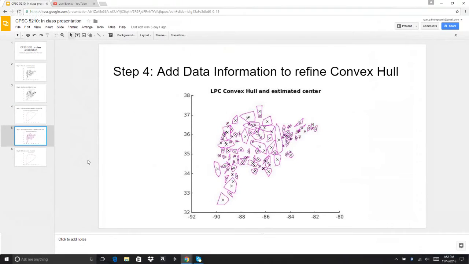So adding a bit of information, such as a local power company, you can re-estimate individual convex hulls and estimate the center of those convex hulls. A power company can actually be inside another power company, which is why you have multiple X's inside some of these polygons.